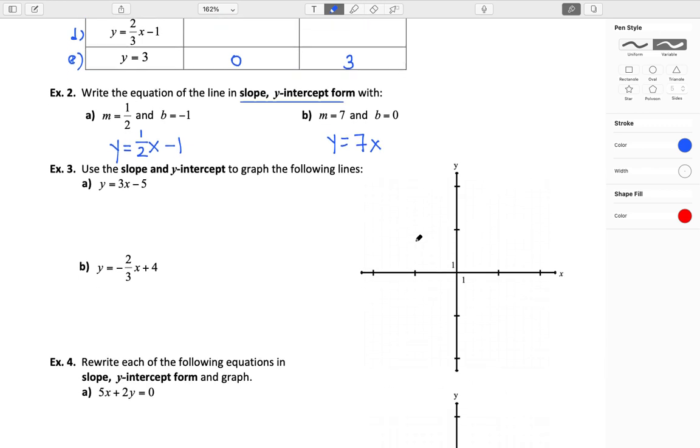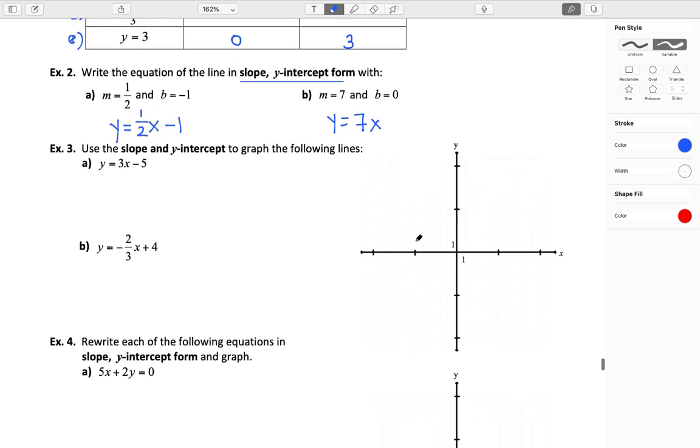Let's see. Example 3. So use the slope y-intercept form to graph the following lines. So let's try example 3a. In this case, my slope is 3 and my y-intercept is -5. For slope, I'm going to change it into a fraction because remember the slope formula is rise over run.